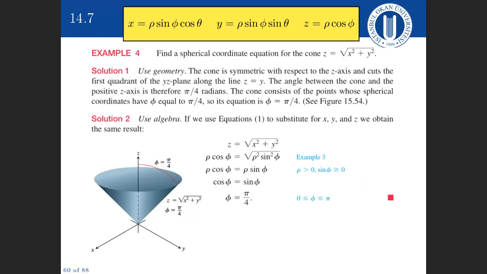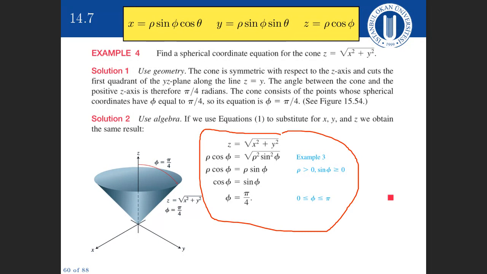Find a spherical coordinate equation for the cone z is equal to the square root of x squared plus y squared. I'm looking at this calculation at the bottom. Start with this equation, replace z by rho cos phi. Replace x squared plus y squared by r squared, which is rho squared sine squared phi.